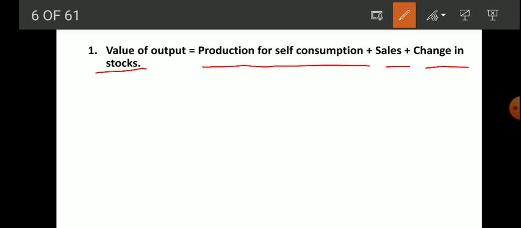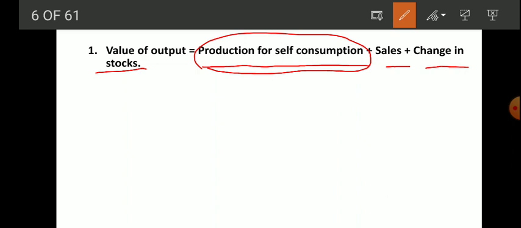See, this first part, production for self consumption, you might not get in the book. In the formula section where you get the formula of the value of output, you might not get this particular term, but I have included it because when we move down to the numericals, sometimes you may get this type of term, and at that time you may get confused about whether we need to add it or not.